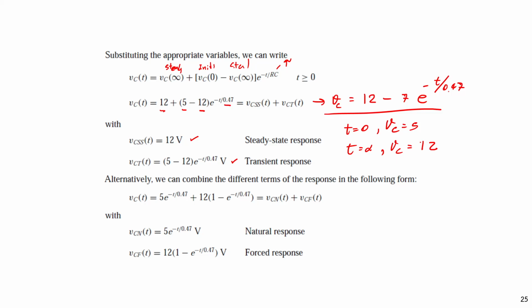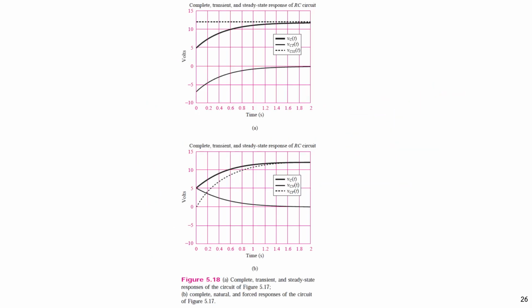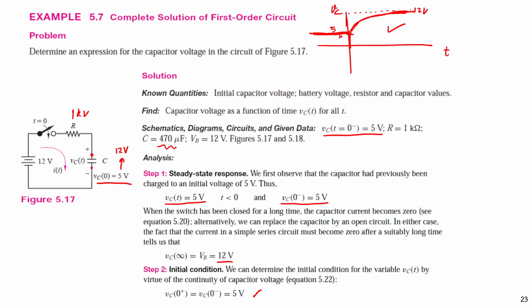Or you can follow this as well. It's the same thing, just a different explanation. This is when we plot Vc. Earlier we guessed the graph of Vc.